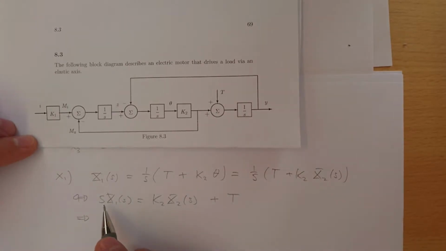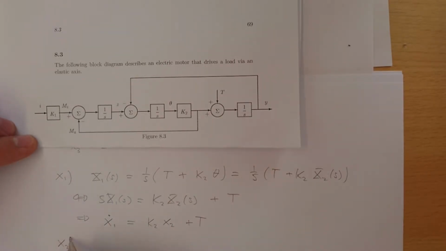And remember that multiplication with s in the Laplace domain corresponds to a time derivative in the time domain. So this will be x1 dot being equal to k2 times x2 plus capital T. Okay, so that's the differential equation for the state x1.